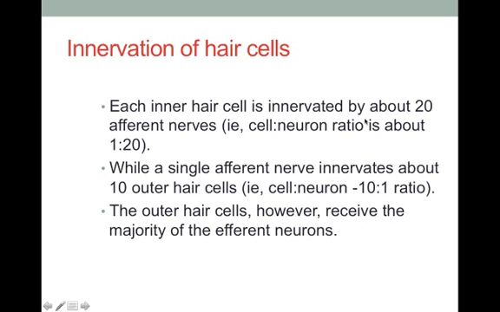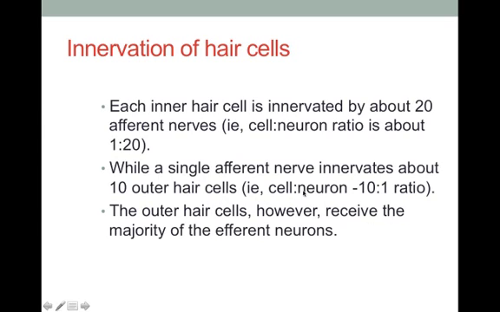So the inner hair cells are innervated by about 20 afferent nerves. If you were to describe that, we call that a cell to neuron ratio. Each inner hair cell receives about 20 afferent nerves, while a single afferent nerve innervates about 10 outer hair cells.